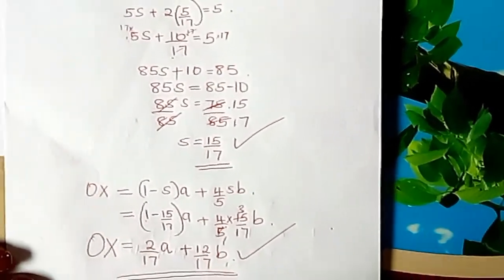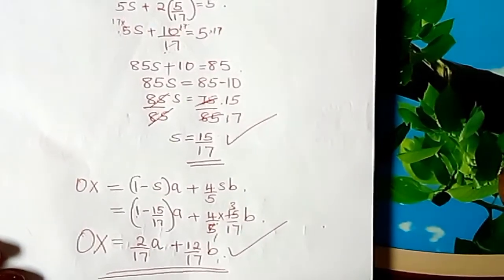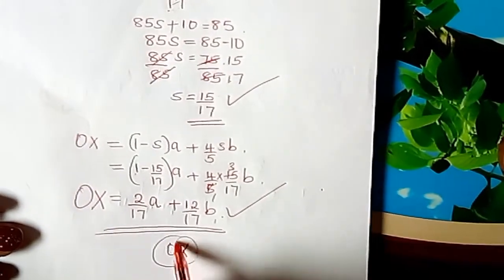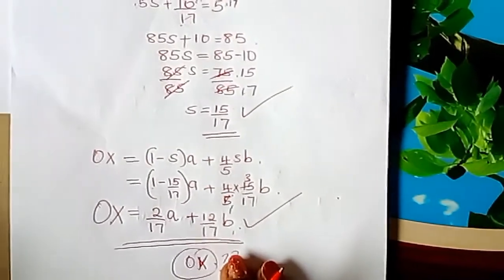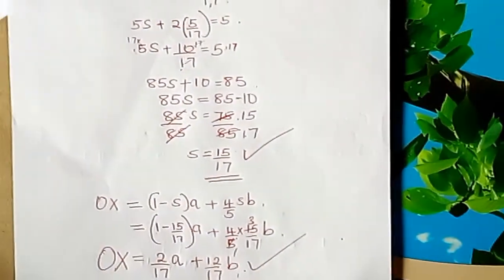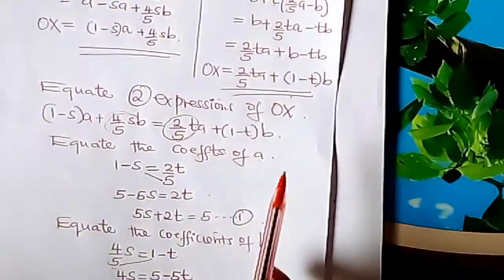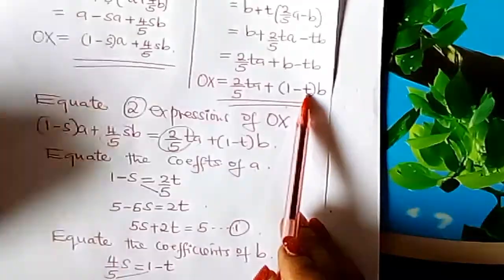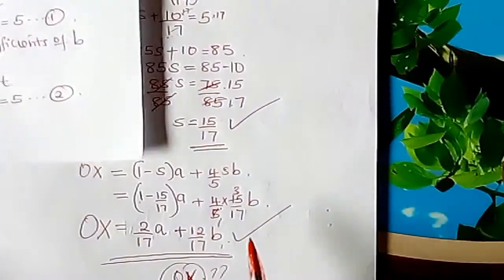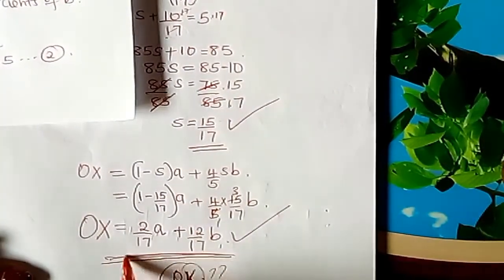Lana, you can as well use the other expression of OX, the second one. Let me show it to you. You now fix your t. Fixing your t, learner, you will still get the same thing.